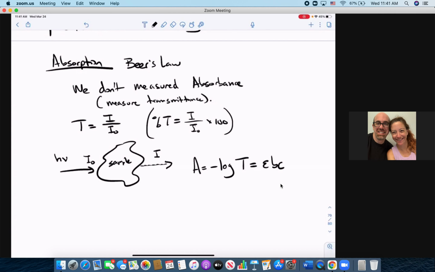You've all done this, right? And then we told you that it's the product of the absorptivity, which is a constant for that wavelength and for that analyte, times the path length, B, times the concentration. So if you double the concentration, you double the absorbance. If you make the path length 10 times longer in a flame, you get 10 times the absorbance.